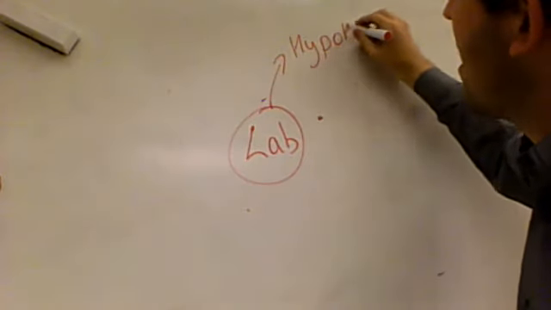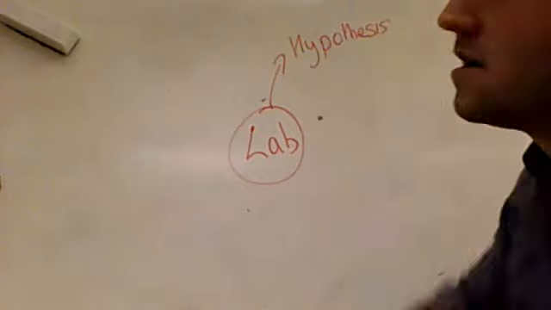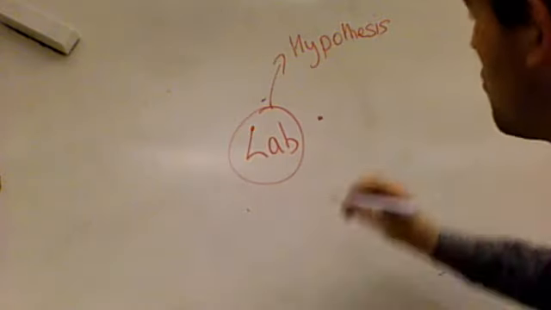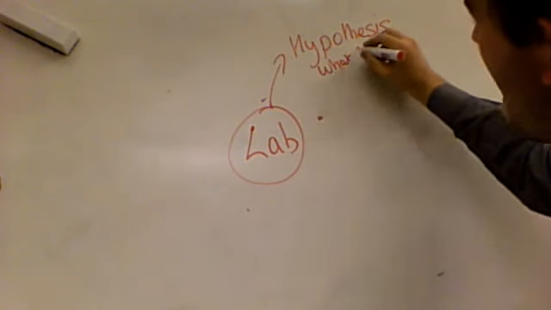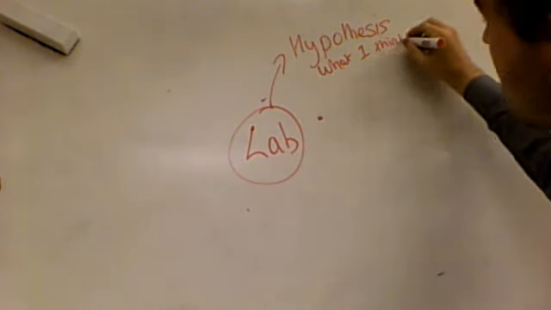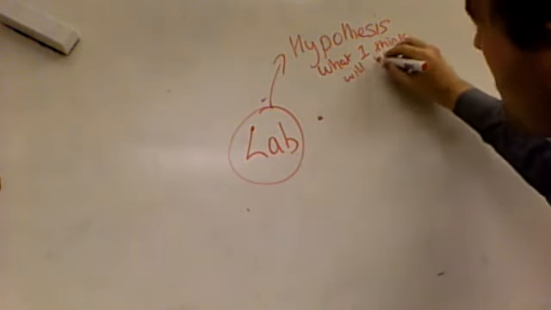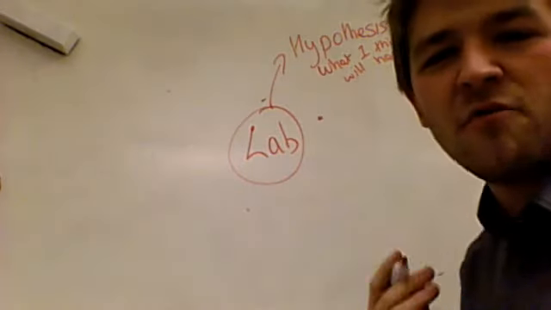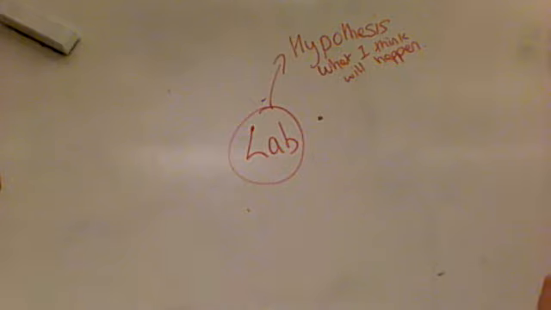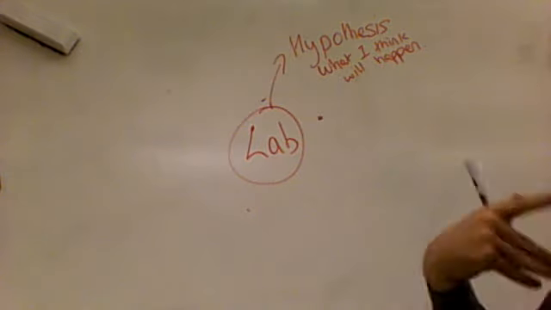For me, all labs should start with what is called a hypothesis, or in a simple word, a phrase, what I think will happen. That's the bit of the lab where you say, I am doing this experiment and I think this will happen because.